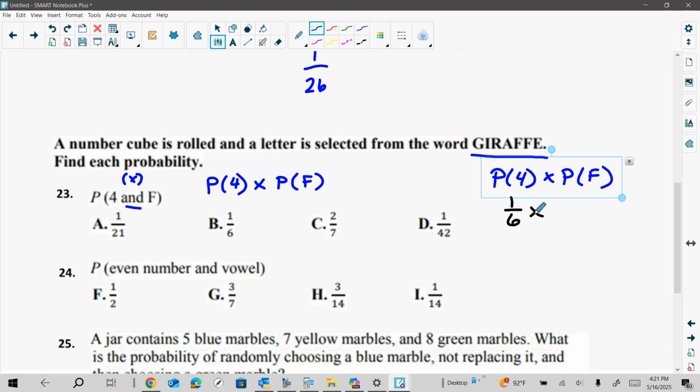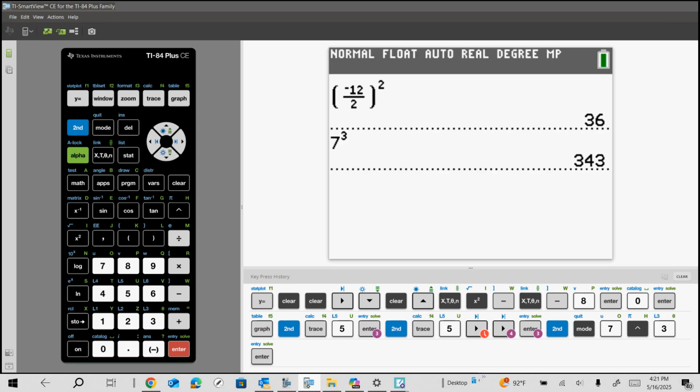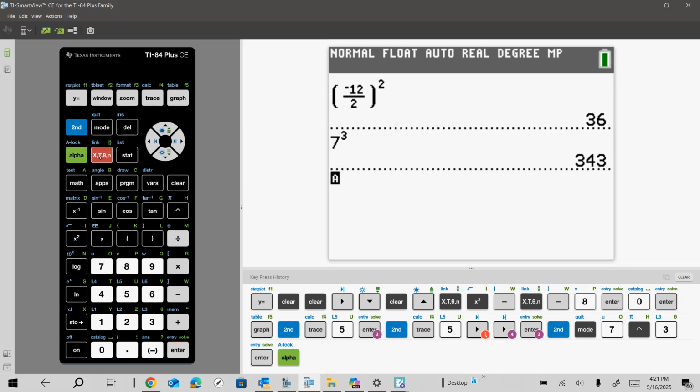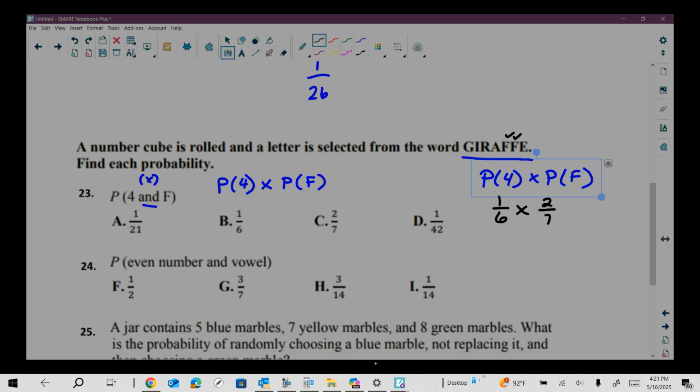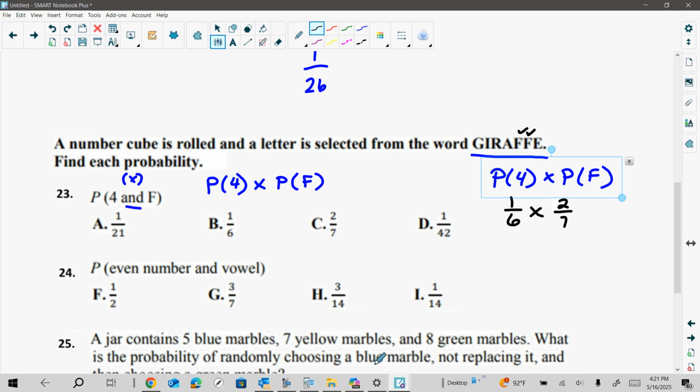And then we're going to do times the F, there are two F's. Out of 7 letters, so 2 out of 7. We're going to multiply that together. You can just go straight to your calculator. 6 times 7, and we're going to simplify that. The answer is 1 out of 21. So that was our A here.